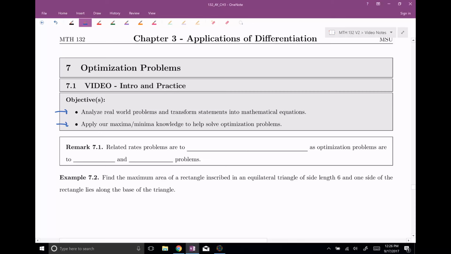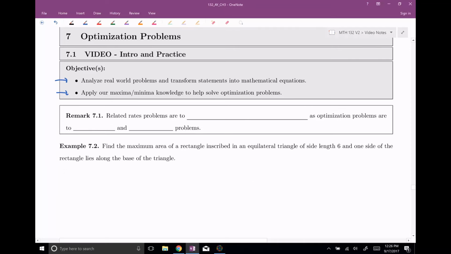Okay, so again, this is going to be more of a story problem sort of section, and our last big story problem section was back in related rates. In related rates, we tried to apply implicit differentiation to these story problems to figure out how these rates were related to one another.